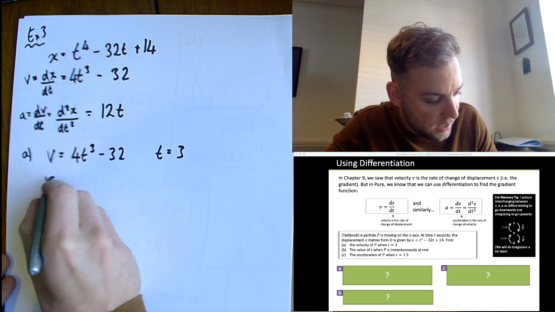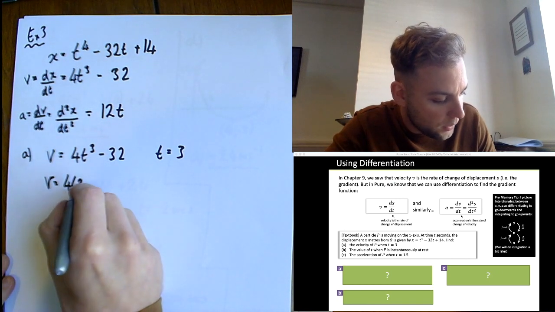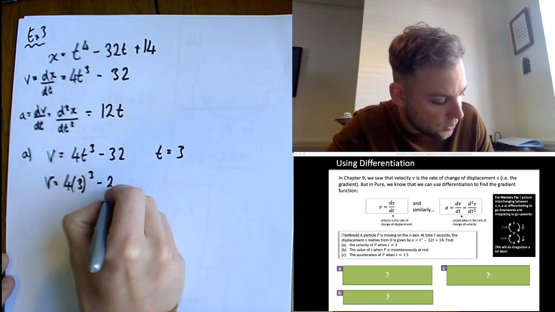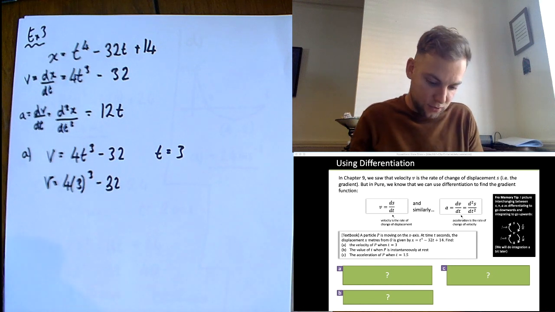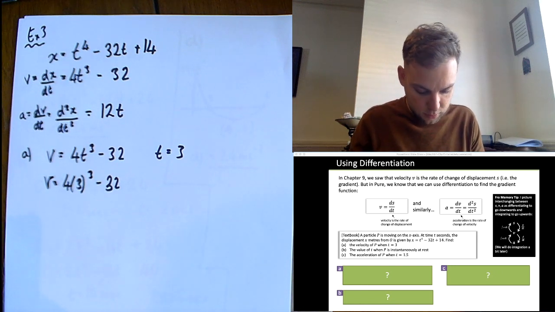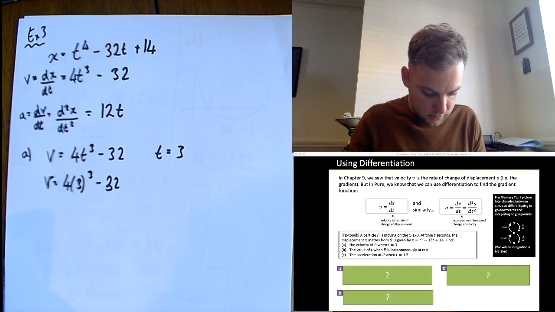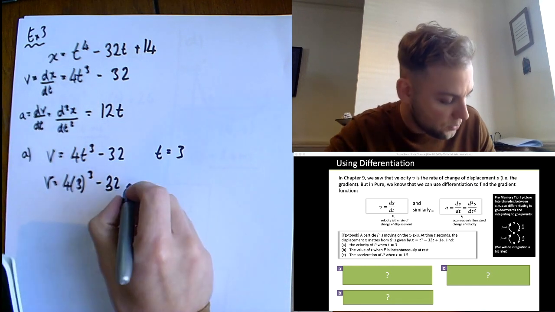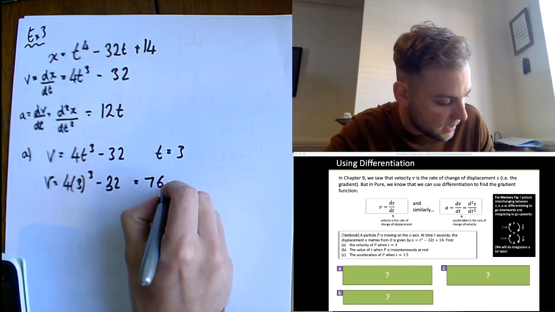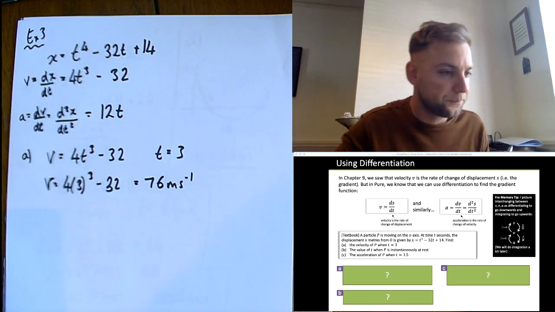So it's going to be v is equal to 4 times by 3 to the power of 3 minus 32. Nice and straightforward. So 4 times by 3 to the power of 3 minus 32, which is equal to, the velocity at that stage is 76 meters per second.